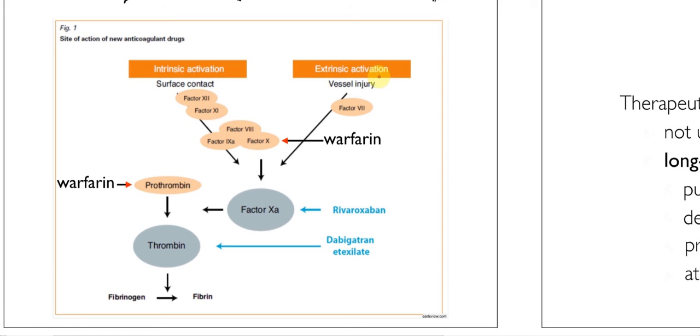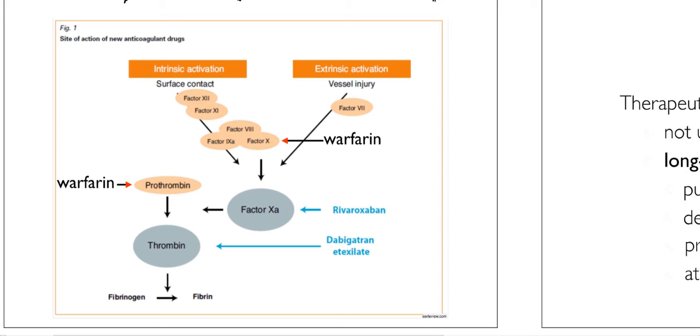Extrinsic activation occurs from actual vessel injury. So this is where we're going to come in with trauma. Intrinsic activation could be coagulation that occurs from, say, endothelial damage, whereas extrinsic, I think, is peri or epithelial damage, the damage to the outside shell of the vessel that actually penetrates through to the inside, full thickness damage to a vessel.